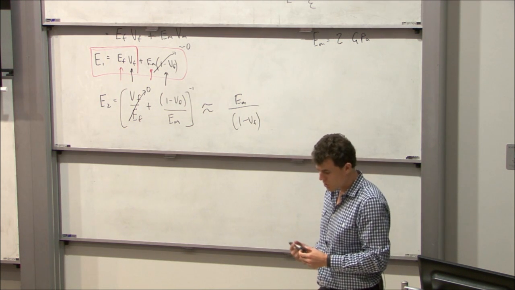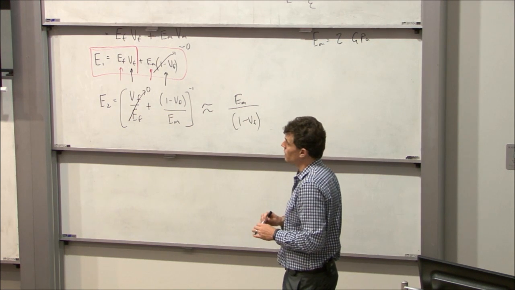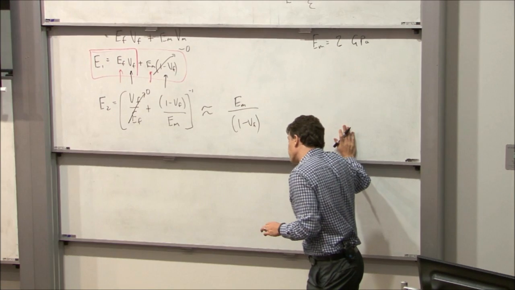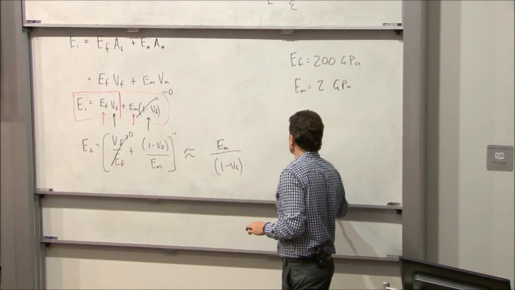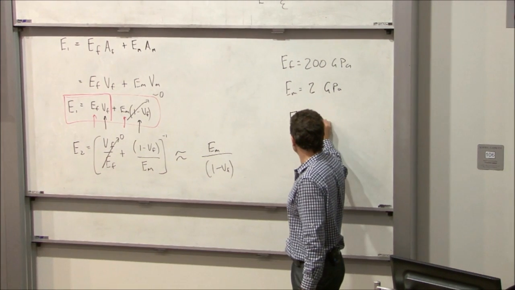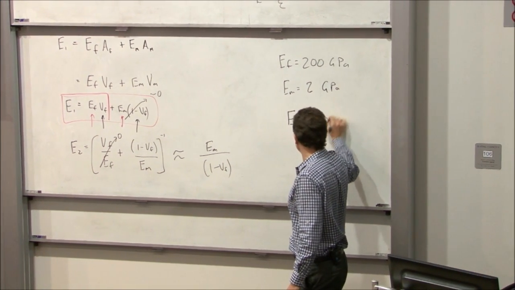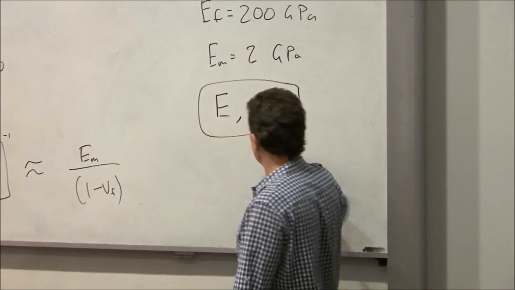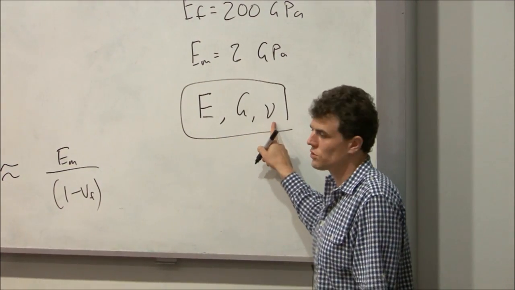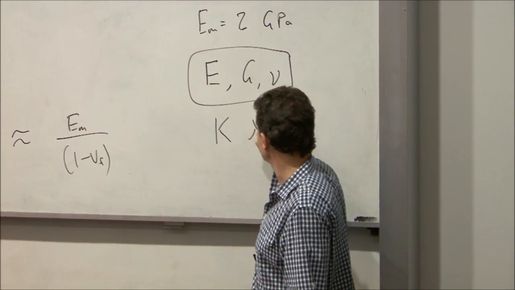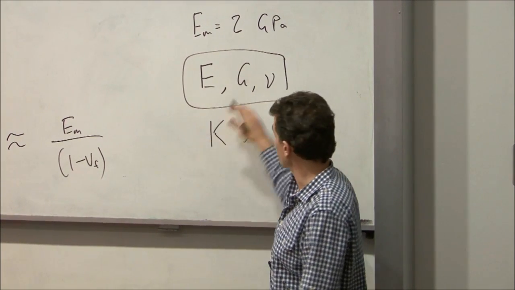Now, shear modulus, G12. Just like an isotropic material has E, G, and nu that are the Young's modulus, shear modulus, and Poisson's ratio. There are also some other ones, K and lambda, and some other numbers that are all related.